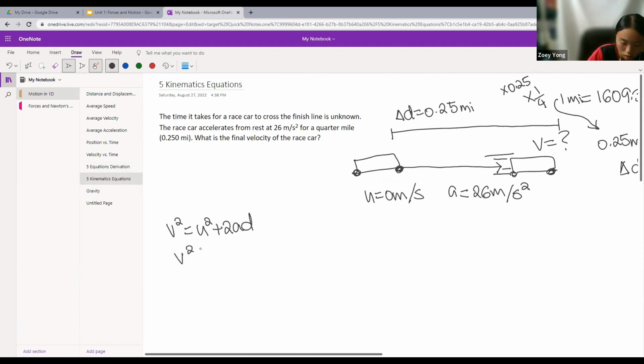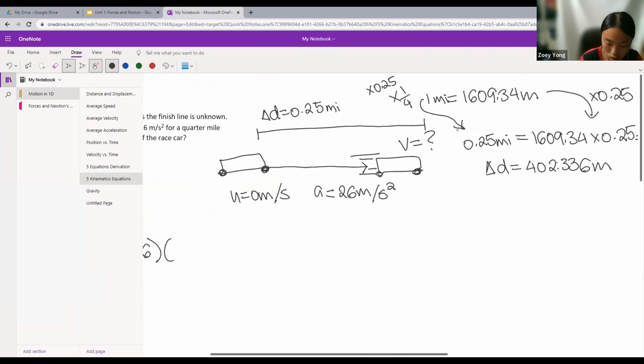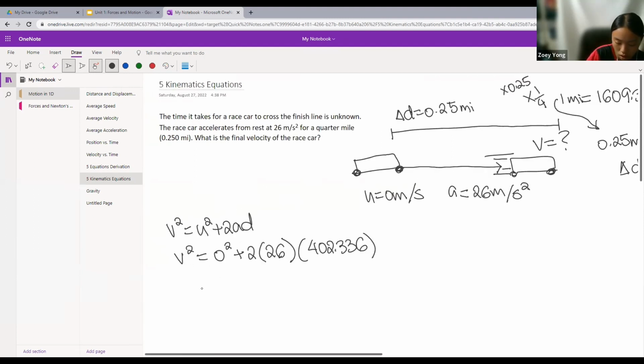v squared equals the starting velocity, which is 0, squared, plus 2 times the acceleration, which is 26 meters per second squared, times the distance, which is what we just found, 402.336 meters. That's for final velocity squared. So if we want just the velocity, we need to take the square root of the whole thing.